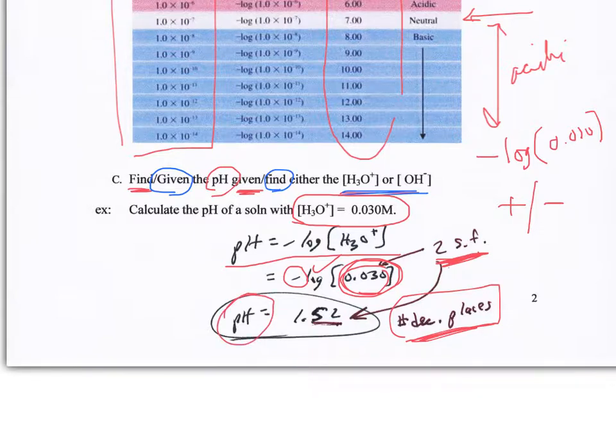So your total sig figs probably will be different. It doesn't have to be, but it could be, and probably will be. Like this here, 0.030 is only 2 sig figs. When I round the number off to 2 decimal places, my pH ends up having 3 significant figures, but it's all because this is a logarithmic function that you round off according to decimal places instead of sig figs. So 2 sig figs in your measurement gives you 2 decimal places in your final pH.